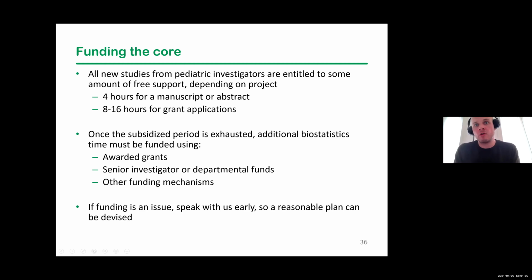We have interns in our group that can sometimes help with work, and we can oversee your work. If you have no money and you want to lead the analysis on your own, we can at least oversee and make sure what you're doing is correct. So we find ways to work with you, even if you do not have money. But in general, these are the ways that people pay us: through grants, departmental funds, or other funding mechanisms.